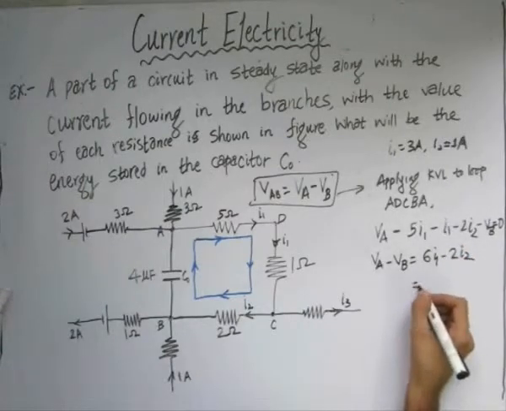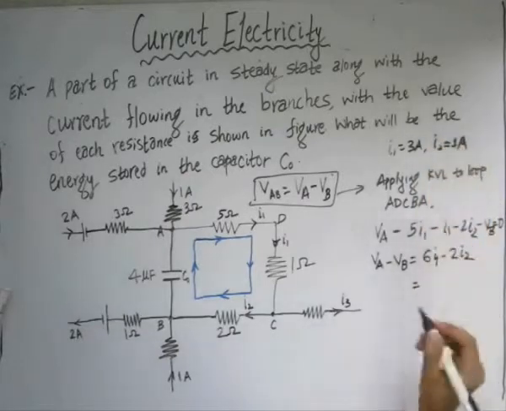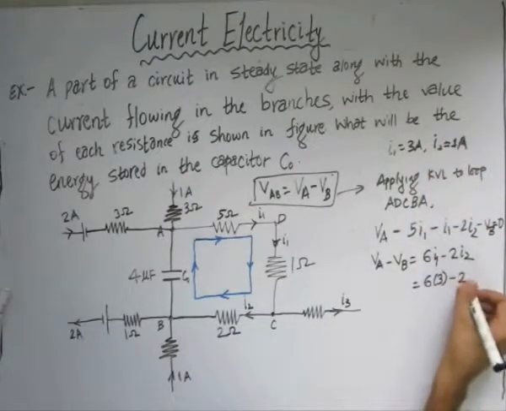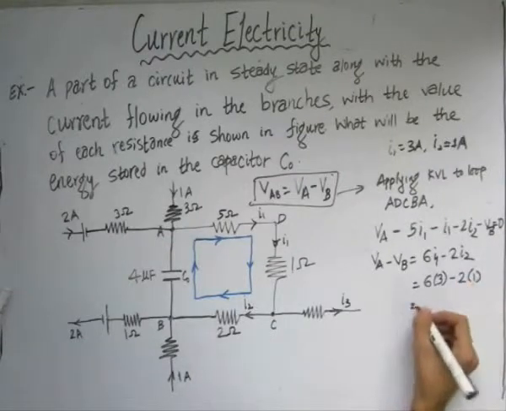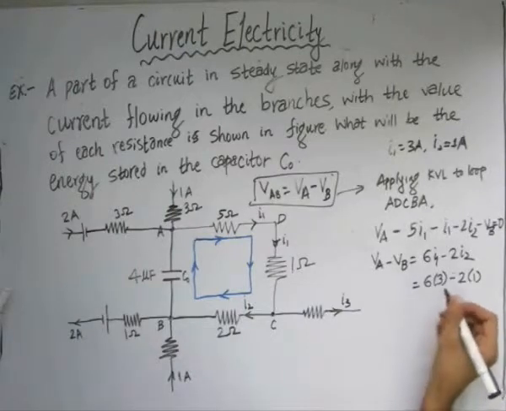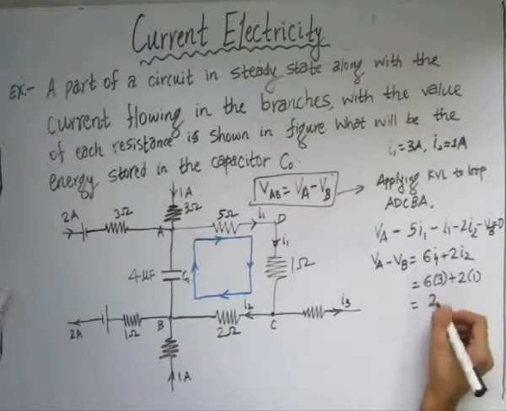Now if we substitute the values of I1 and I2 which we have obtained from the earlier analysis, we'll be getting the value of the potential drop between the points A and B as, oh sorry, this would be plus, so we'll be getting it as 20 volts.